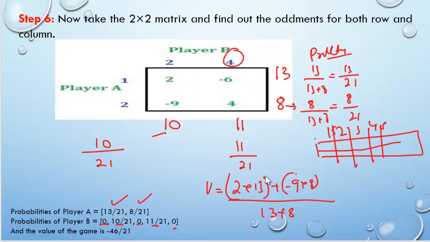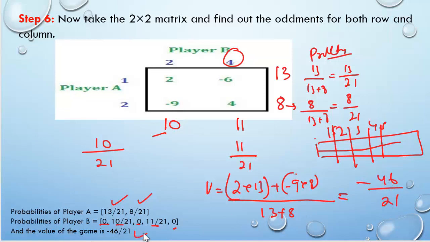Or I can use minus 6 into 13 plus 4 into 8 divided by 13 plus 8, or I can go column wise also. I have shown all the options at that time, and if you calculate, this comes to minus 46 divided by 21, which is here. So that is the solution of the game.